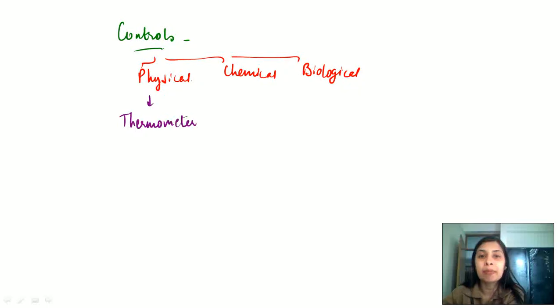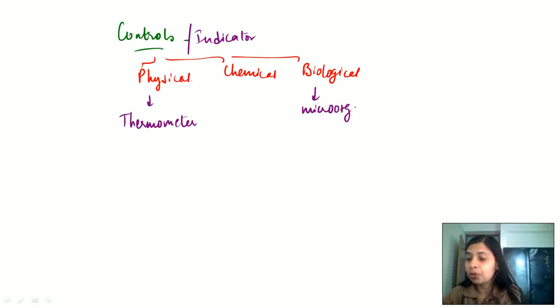Then we have various chemical indicators also. These controls are also known as indicators. We have chemical indicators also, we will take up in the next video. And we have biological controls or biological indicators. As the name suggests, biological, so it is using microorganisms. Which microorganism is used here?